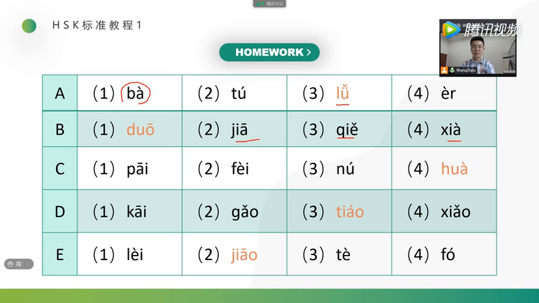This one. 西 and 鸭，下，下。Okay. Line C. 拍，拍。肺，肺。And this one. This is N and U, right?